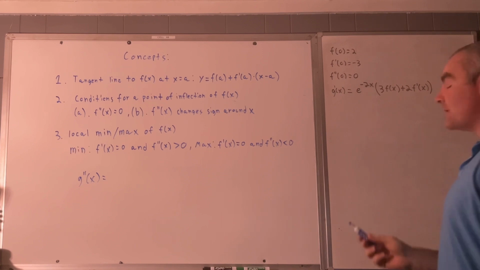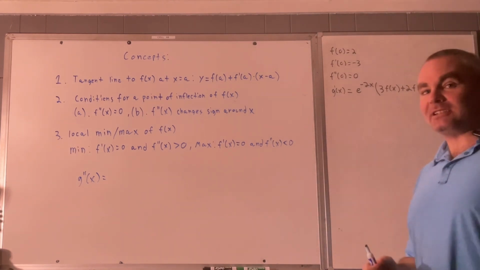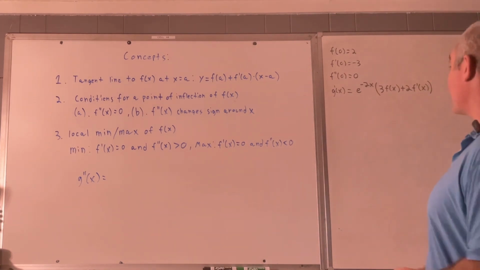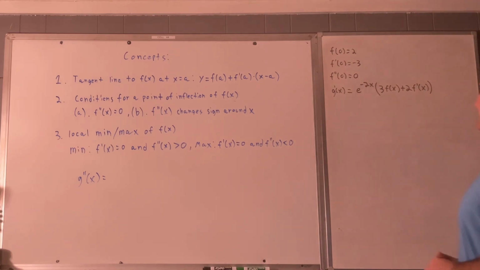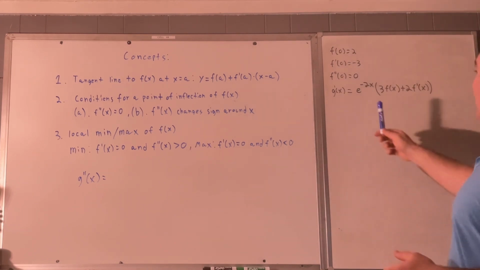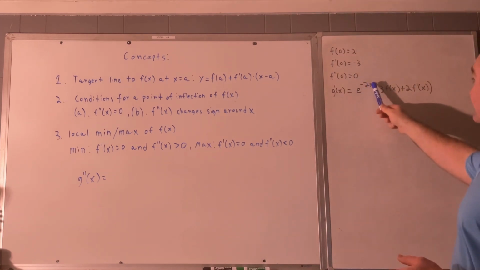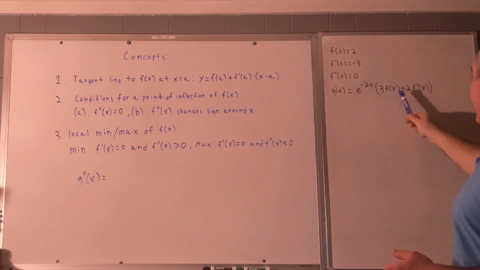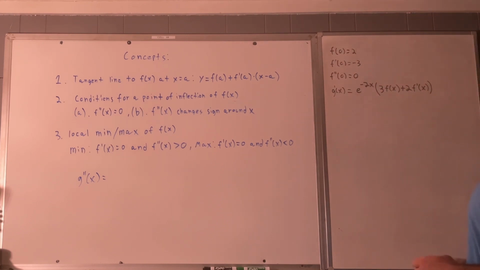Okay, what do we have? Again, you need to be good at recognizing what sort of rule you need to use when taking a derivative. The easiest way to do that is just with a product rule on e to the negative 2x and 3f of x plus 2f prime of x.